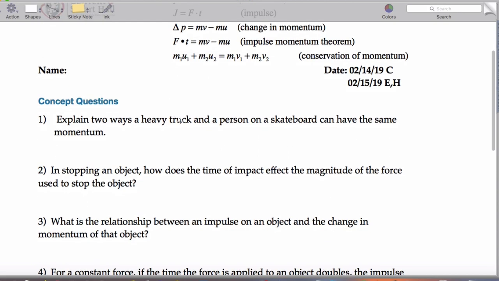Question number 1: explain 2 ways a heavy truck and a person on a skateboard can have the same momentum. Well, one way this can happen is if the truck goes very slow and the person goes at regular speed.